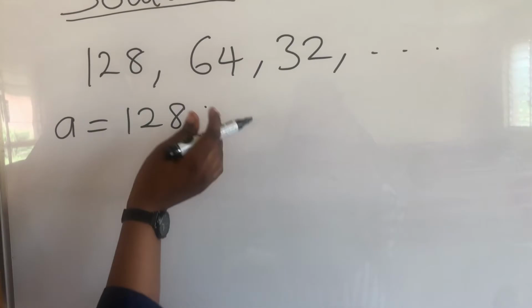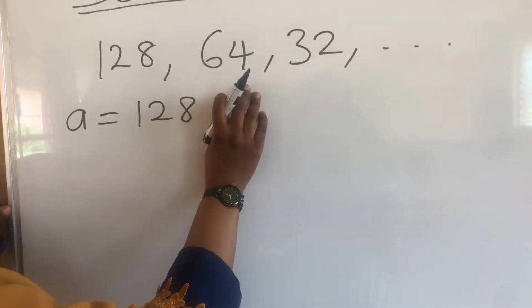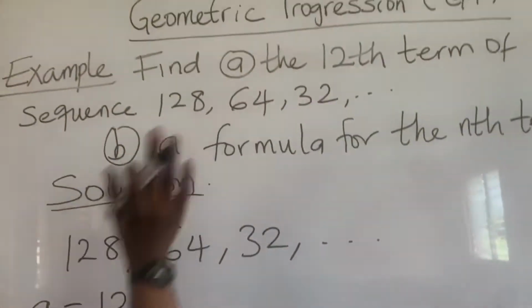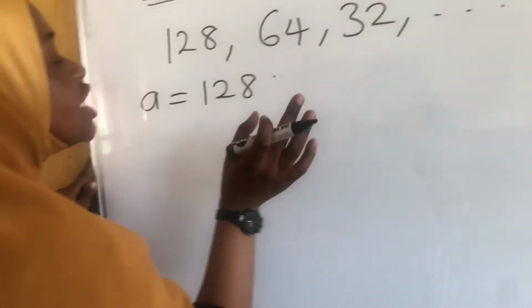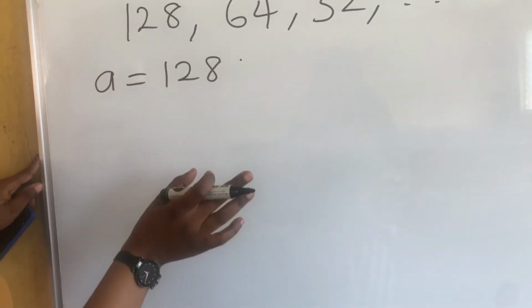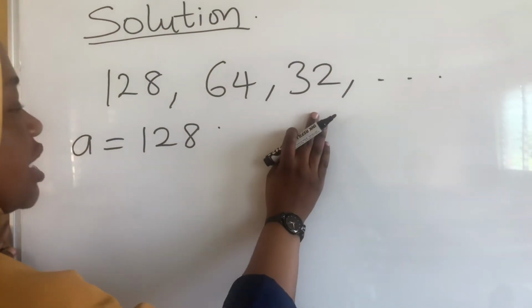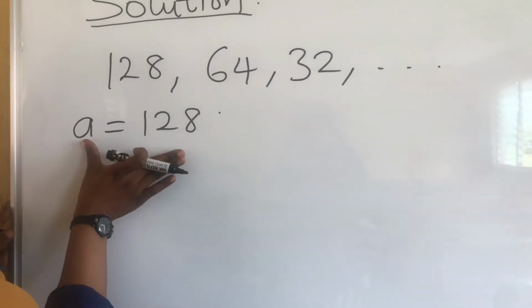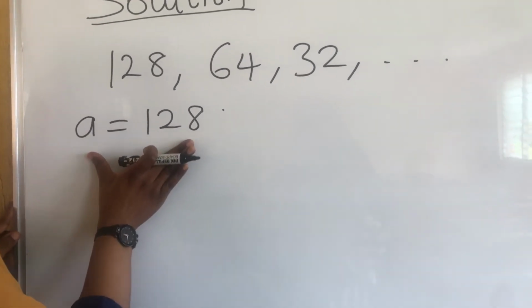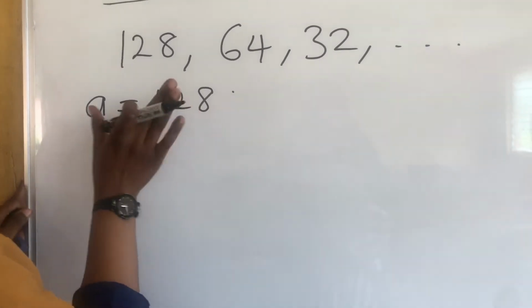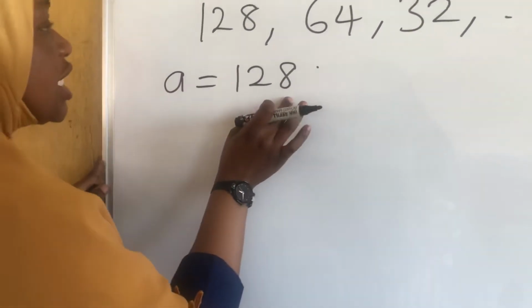We are yet to know whether it is an AP or a GP, because we were not told in the question whether it is a GP or an AP. So the second term is 64 and the third term is 32. But we know that the first term is common to both GP and AP. Here, it is 128.